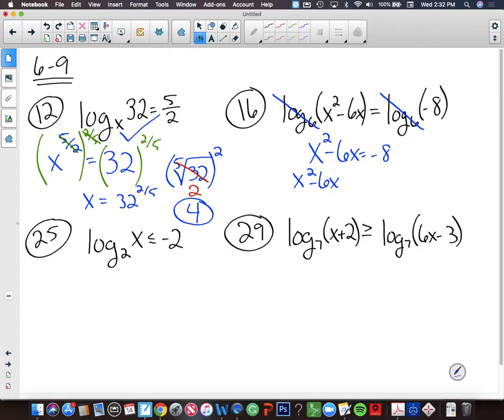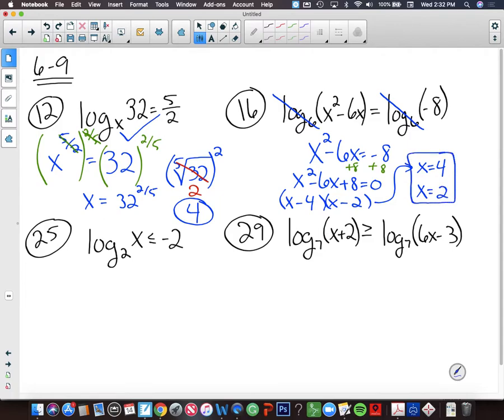So we're going to move that 8 over to the left, and that gives me this equation. Then you factor it. 2 numbers that multiply to give me +8 and add to give me -6 would be -4 and -2. So the solutions that we end up getting are x equals 4 and x equals 2.